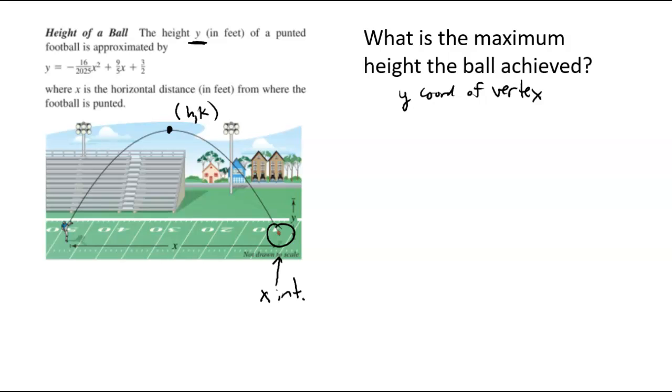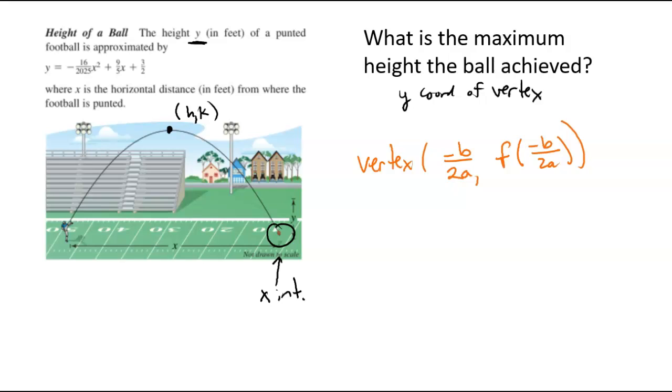On your paper, I said to use a calculator because I don't necessarily need you to show me by hand that you know how to multiply these giant fractions and plug them in. Use your calculator to best approximate. Remember that when it's in the general form, we use the equation for the vertex, negative b over 2a, to find the x, and then the y value will be f of that number.